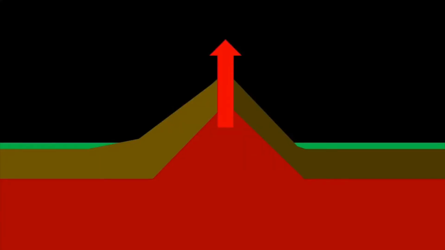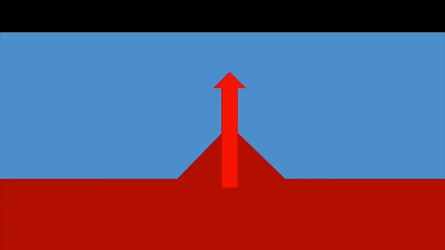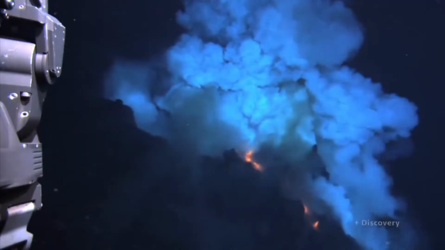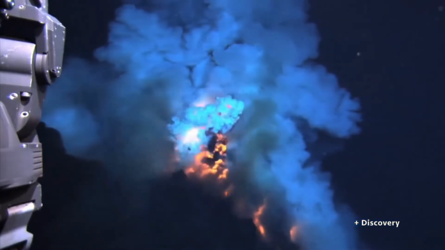erupts. These plates can also move away from each other, splitting apart and causing new magma to rise to the surface. This sometimes results in vents underwater or even underwater volcanoes, which can still erupt in the same way that an above-ground volcano can. Now, our third theory is about what are called hotspots, which is basically an area of extreme heat that hits the crust, and as the magma slowly cools down, it builds islands and mountains.